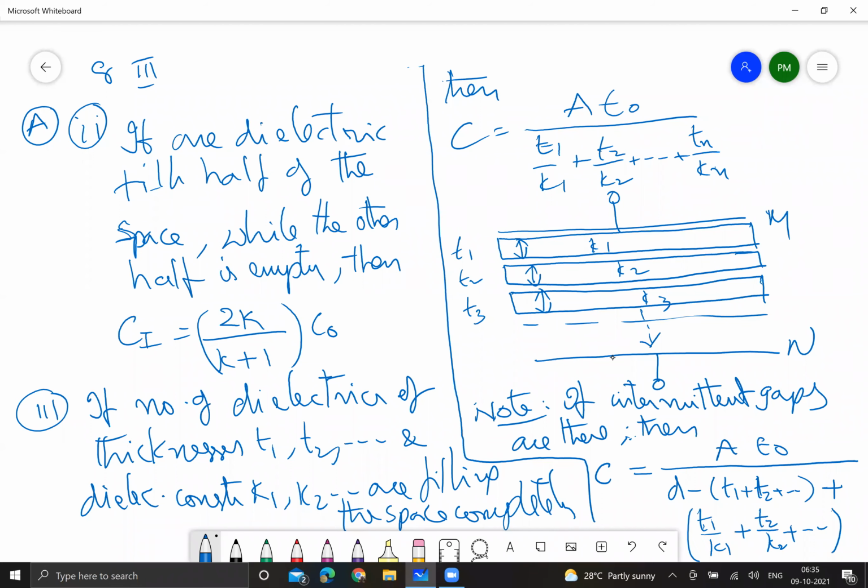Or you can also write it as D minus of T1 into 1 minus 1 by K1 plus T2 into 1 minus 1 by K2 and so on. That way also you can write.